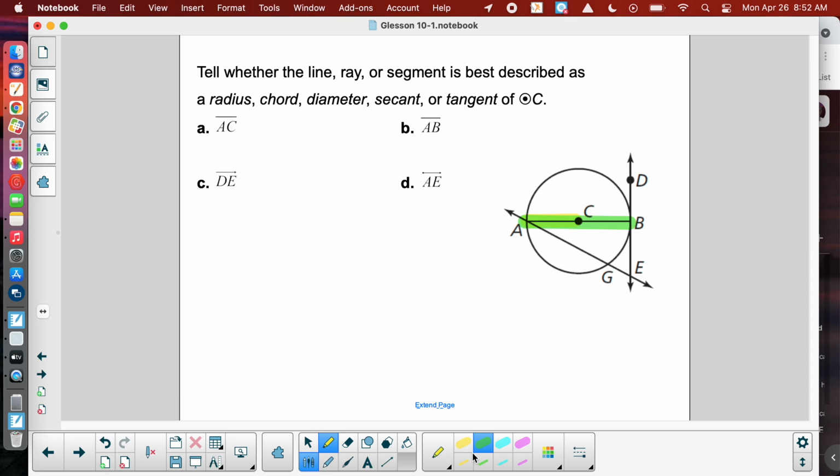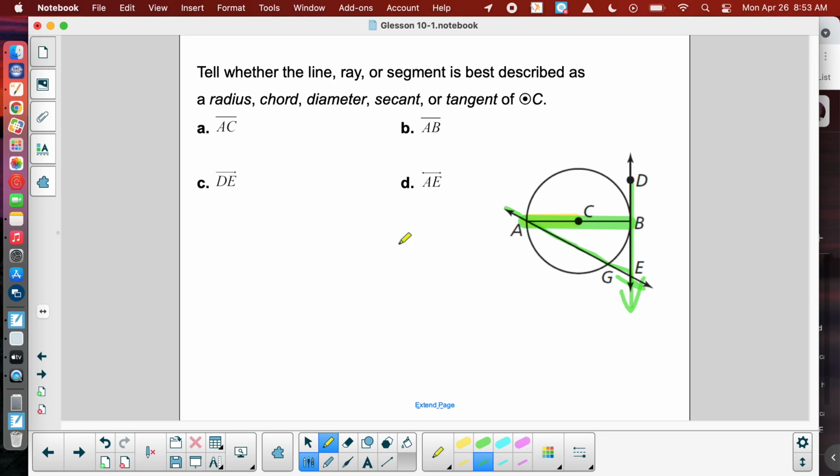Now, we haven't talked about things being a ray, but a ray is part of a line, so that's okay. Ray DE right here, going that direction. That's a tangent because it touches a circle at 1 point. And finally, line AE right there, that whole line, that is a secant.